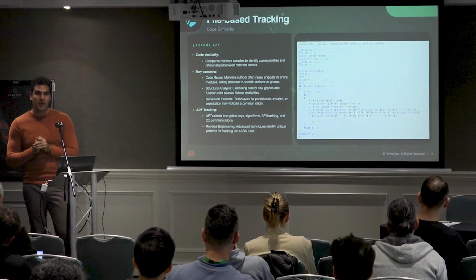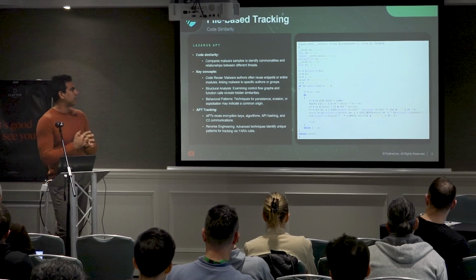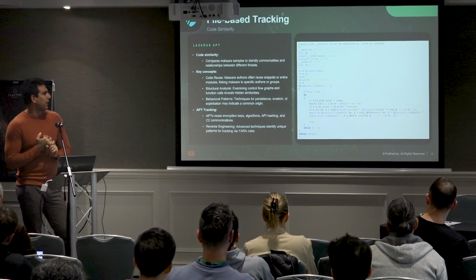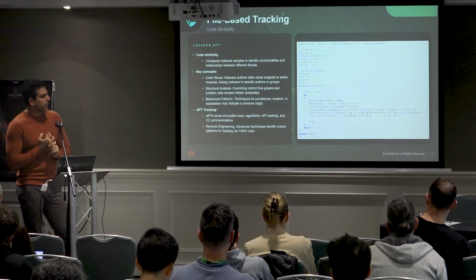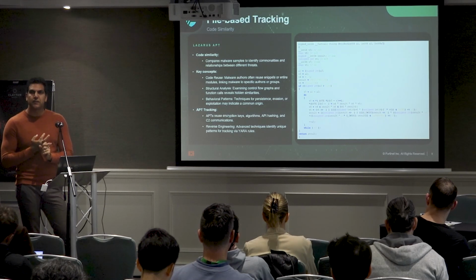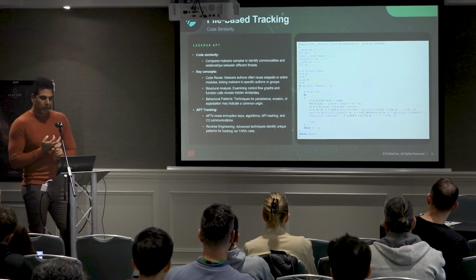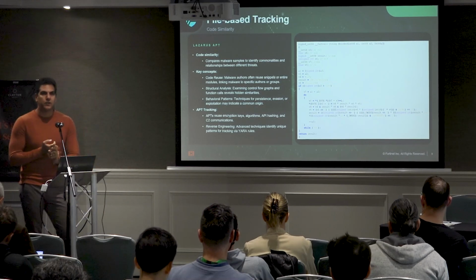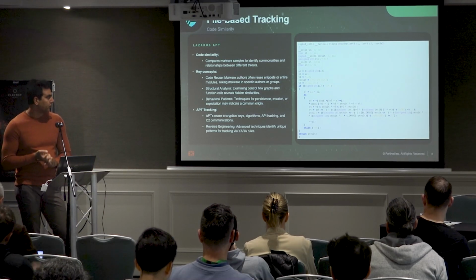Examples of these kinds of code parts are a specific API hashing key, a specific encryption algorithm, or, for example, a specific persistence mechanism.